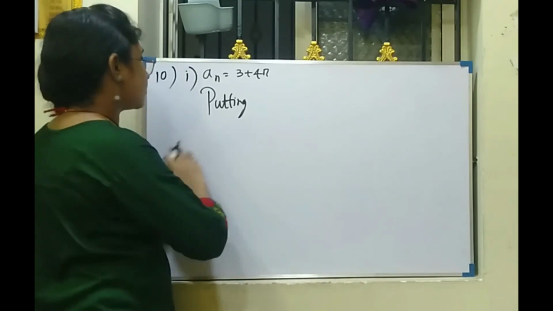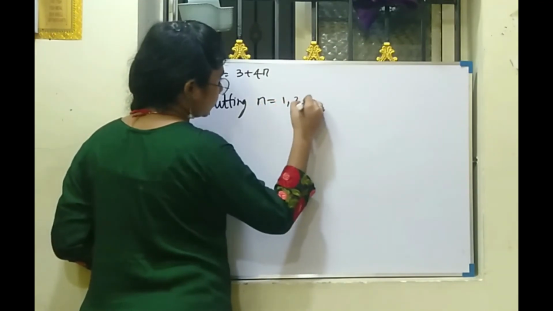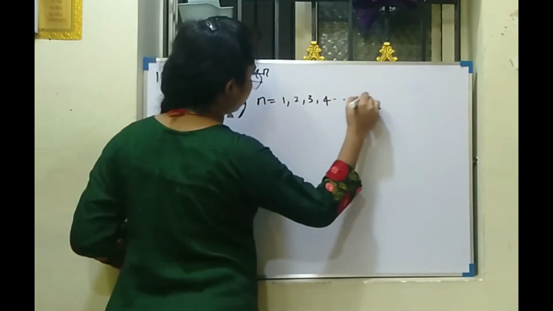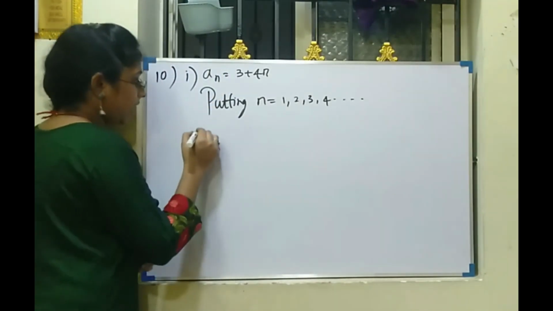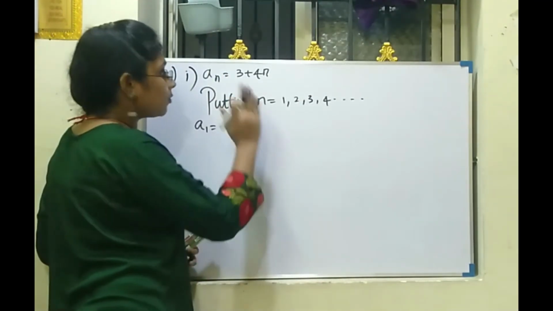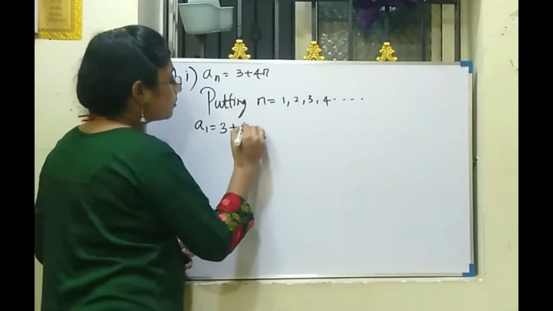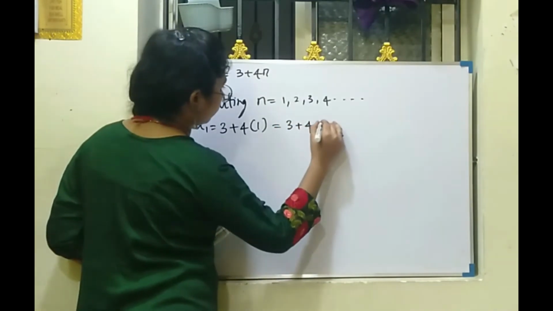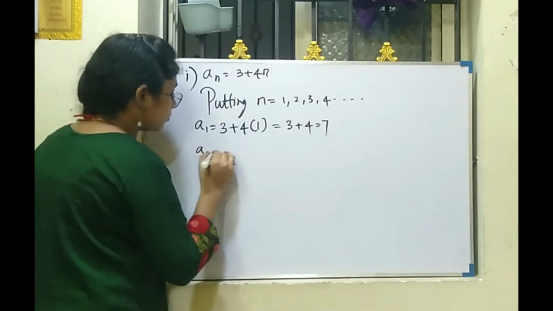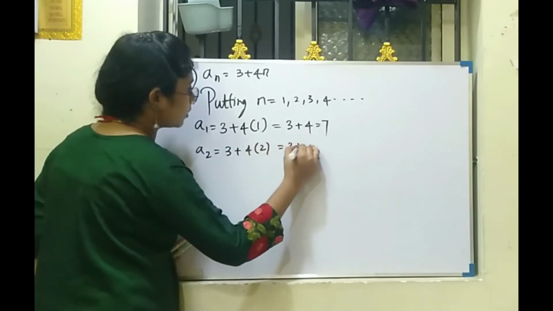So let's just put n is equal to 1, 2, 3, 4 and it goes on. A1 is equal to, now we have to substitute these n values in this equation, 3 plus 4 of 1. A2 is equal to 3 plus 4 of 2.